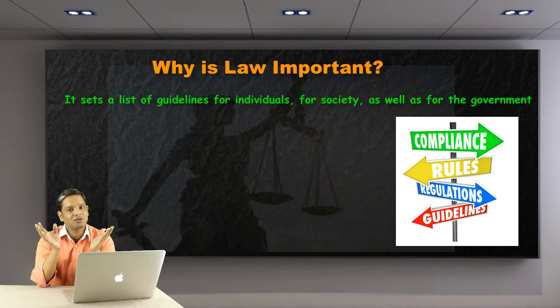It's not like it can do anything it wants. And lastly, it also sets rules for the government. It's not like the government can do anything arbitrarily. The government also follows the laws and functions based on those guidelines, so that everything is maintained in order.